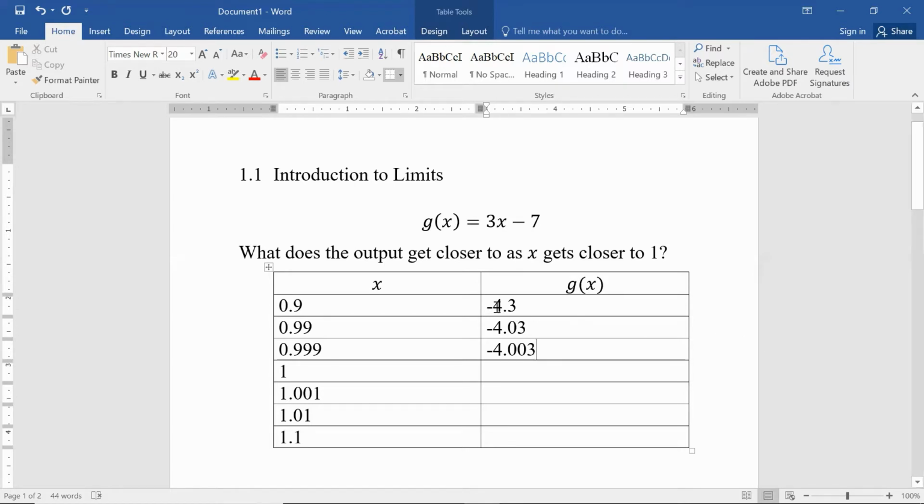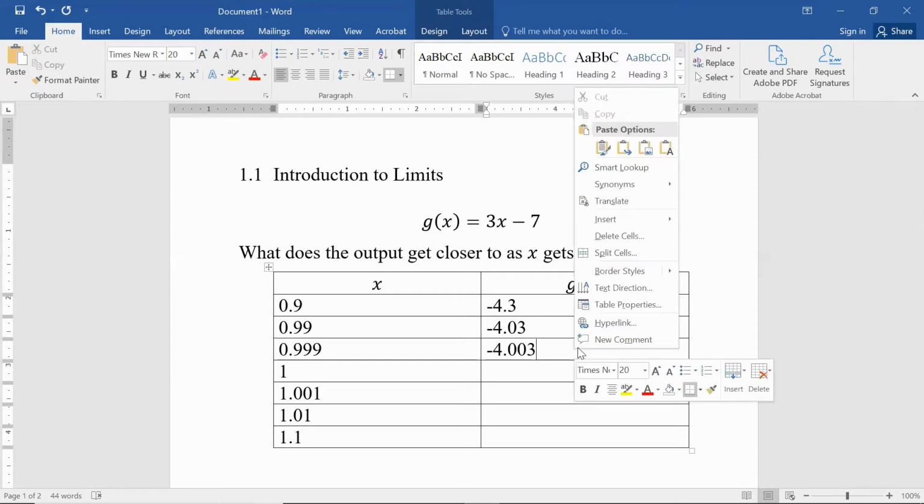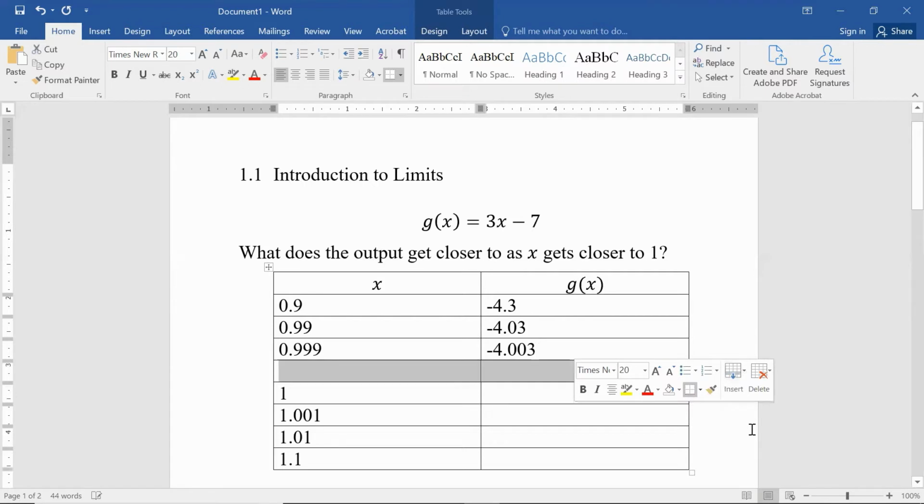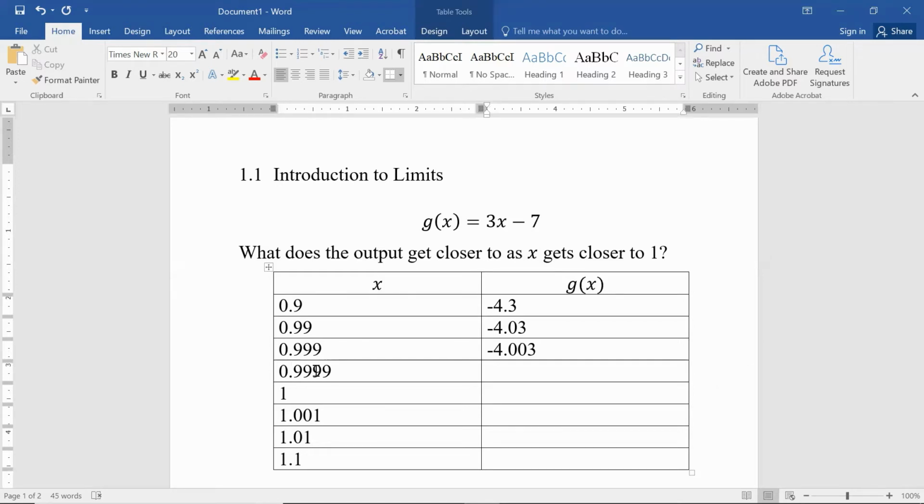And if you didn't see a pattern in the outputs, then you might want to go further. If you ever don't see a pattern yet, you can always say, well, let's get a little bit closer. Let's take another x value and plug that in.